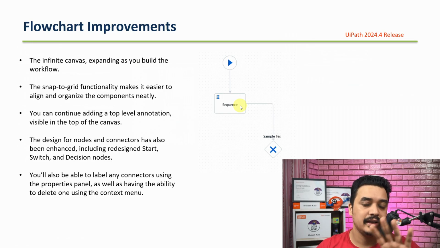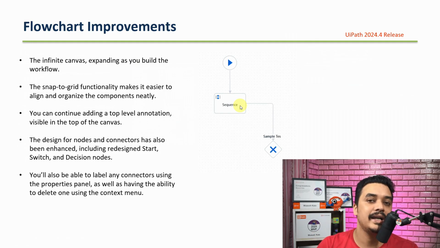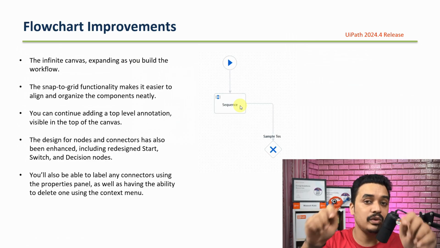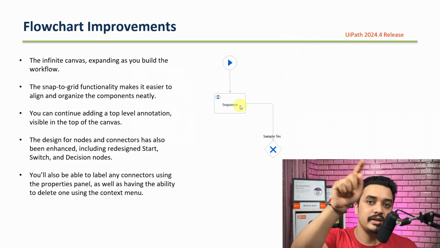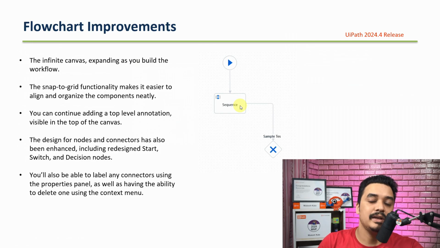Now the existing flowchart, before this update, which was 2024.4.4, it was there, but it was difficult to manage. It was difficult to arrange the flows. It was difficult to add the nodes, and sometimes it got a bit messy, right? Because when the flowchart was huge, the developer needed to spend a lot of time to adjust it and understand the flow, and you could not collapse it, right?